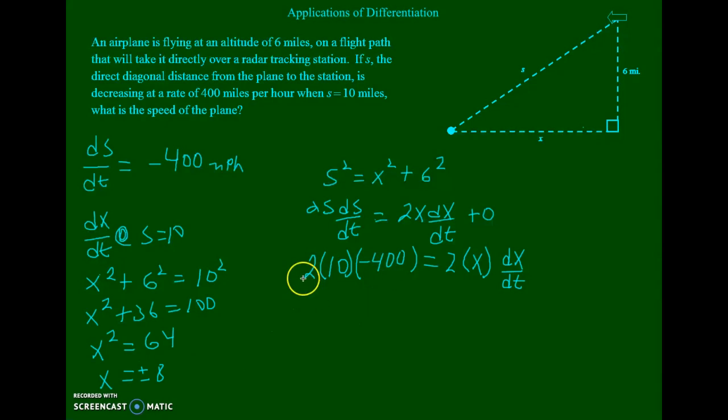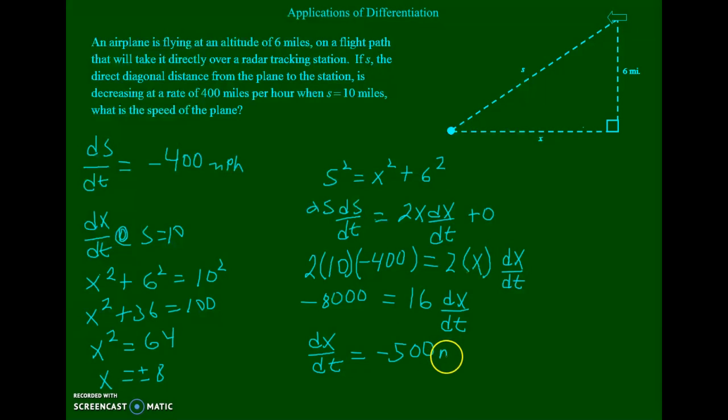So let's simplify this side of the equation, which is negative 8,000 equals 2 times 8, which is 16, dx/dt. And so finally, dx/dt is equal to negative 8,000 divided by 16, which is negative 500.